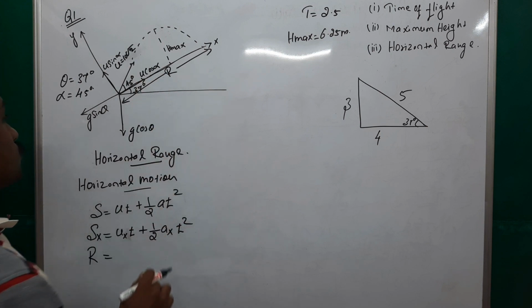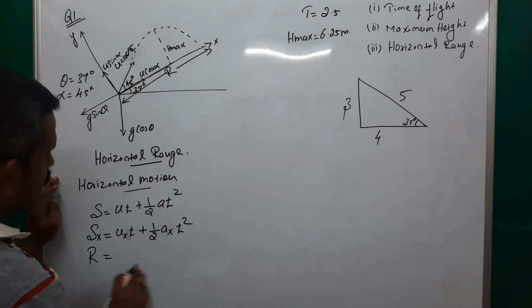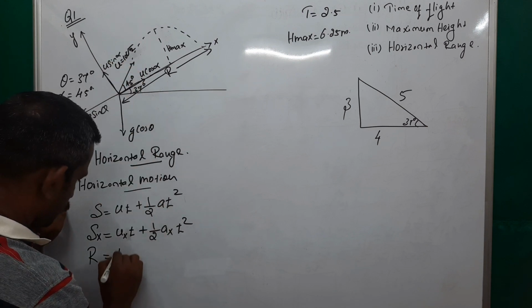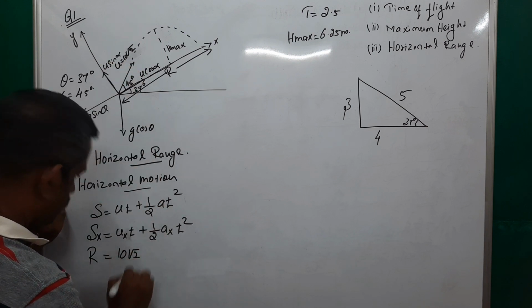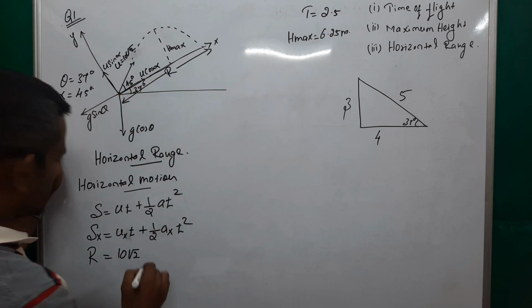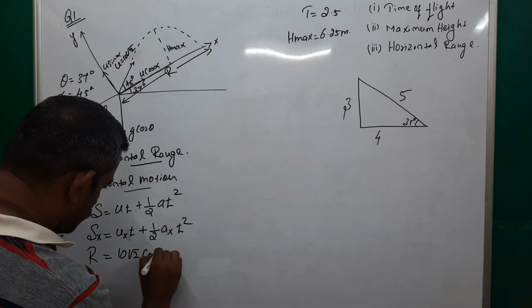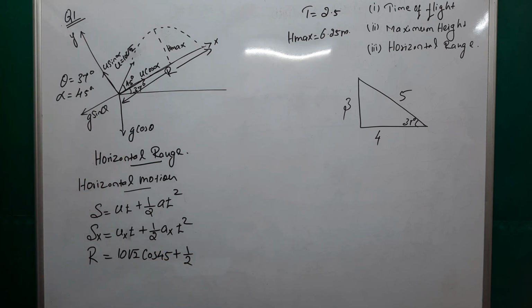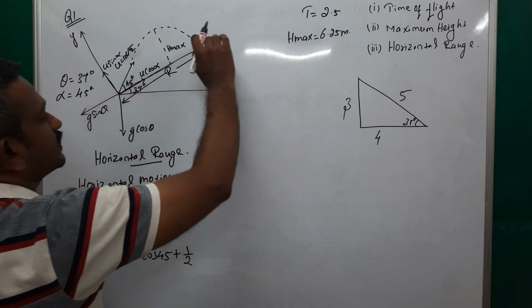What is Ux? That is u cos alpha, that is 10 root 2 cos alpha, cos 45, plus half into the acceleration in the horizontal direction.